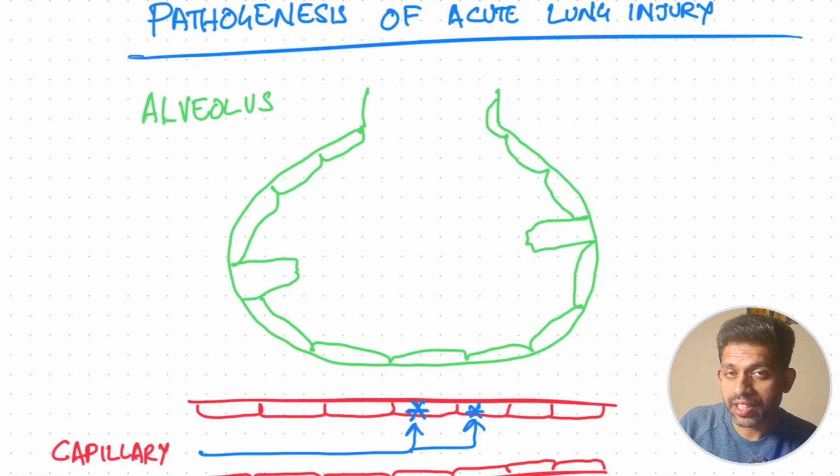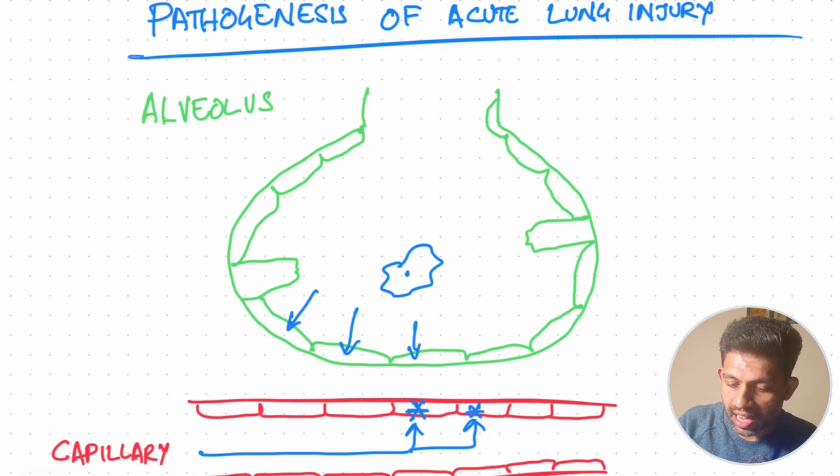Or the activation of endothelial cells can be indirect when alveolar epithelial cells are injured. When these alveolar epithelial cells are injured, the macrophages within the alveoli detect this and they secrete cytokines like tumor necrosis factor alpha, which in turn activates endothelial cells.